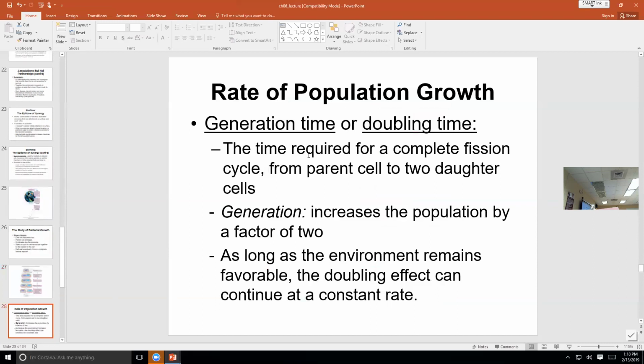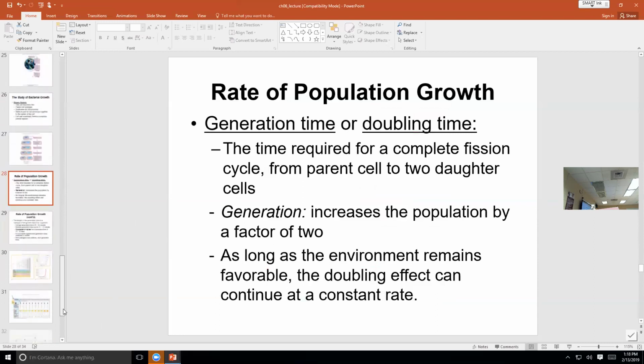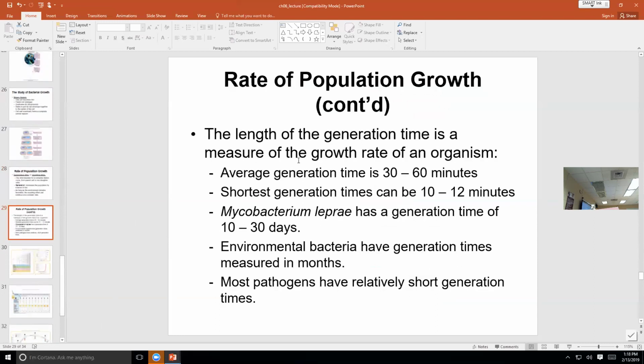So how quickly they can divide. I would just want to give you some examples. You certainly don't have to know this, but there's some that can divide every 10 to 12 minutes. There's some that are going to take a little bit longer as far as minutes, and then there's some that can take days. So is this going to affect our results time from a micro lab, getting the results back?